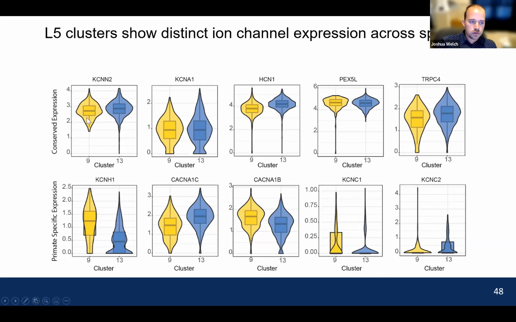So basically what we're showing here are violin plots of cluster 9 versus cluster 13 cells for some ion channels that are supposed to be shared, like KCNN2 and KCNA1, versus species specific like KCNH1. And so essentially this confirms that we're able to identify both the majority of shared cell types across species, as well as the cell types that show species divergence between mouse, human, and marmoset.